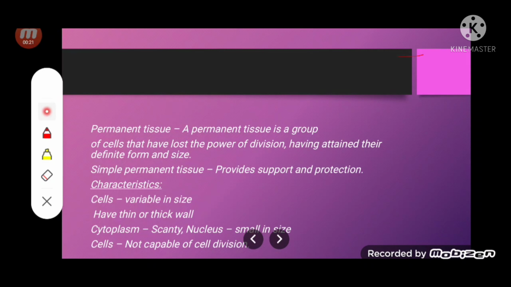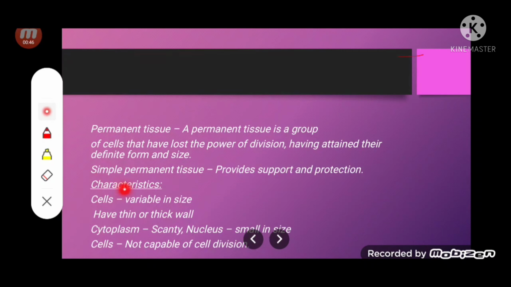Means the meristematic tissues divide to give rise to the permanent tissues. But once they attain full maturity, or their definite form and shape, they don't divide further. So what is the main function of simple permanent tissues? To provide support and protection.